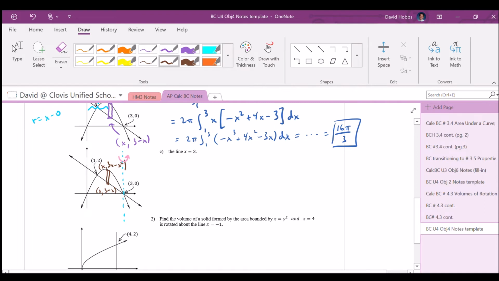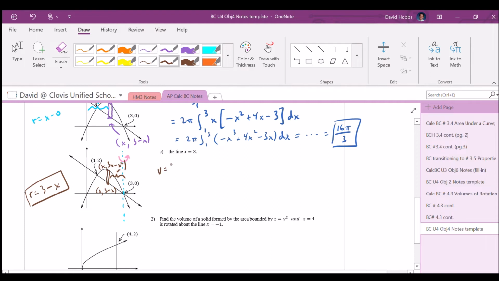Okay, now my radius is always from the axis of rotation to the rectangle. So here's my radius. I meant for that to be a different color, sorry. And so the right side minus the left side: my radius is right side 3 minus the left side x, and 3 minus x does not simplify. So there's my radius. Remember what I said, on the shell method, the radius is going to be a variable of some sort.